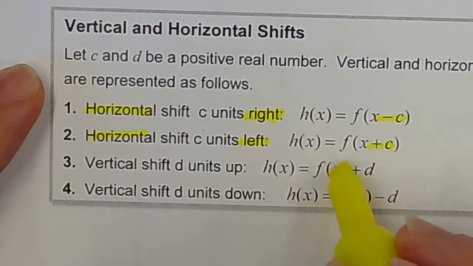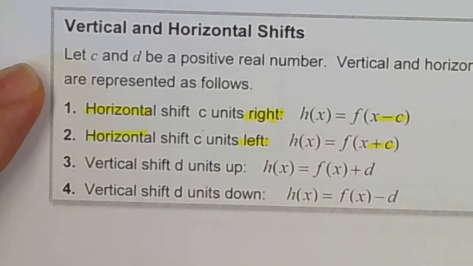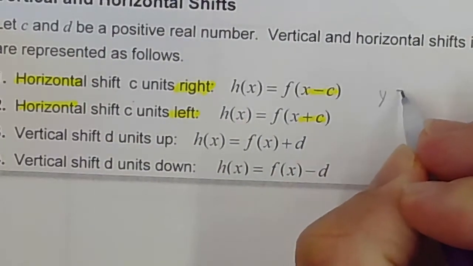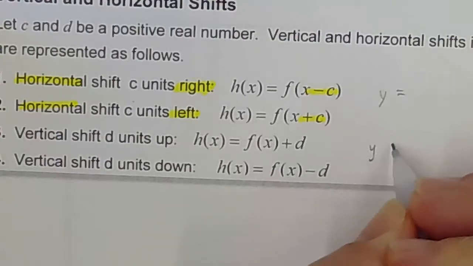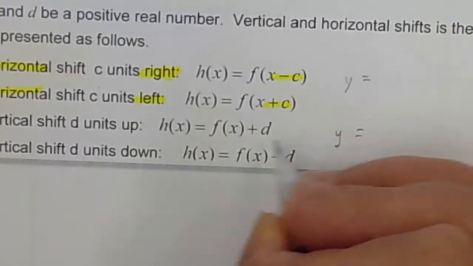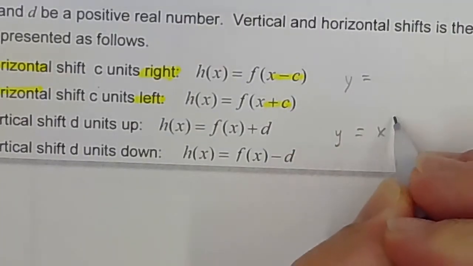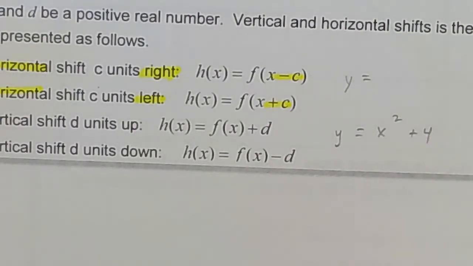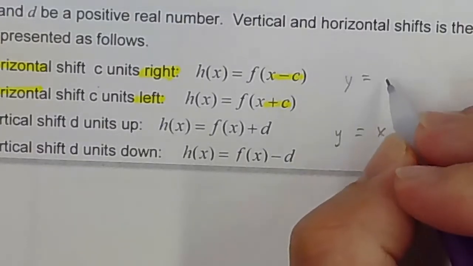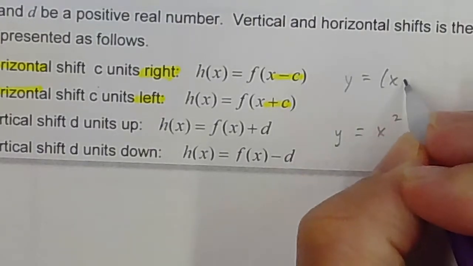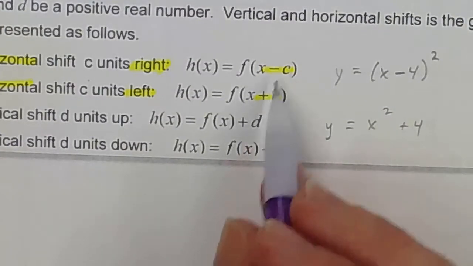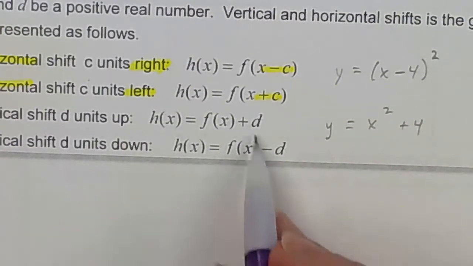So if I add a number outside of the function, so by inside and outside, let me just show you real quickly what we mean by that. Let's just say we have a quadratic. You don't necessarily have to write this down unless you want to. If it's outside the function, it looks like this. If it's inside the function, it looks like this. So that's what I mean by inside for these 2 examples, and then outside for these 2.